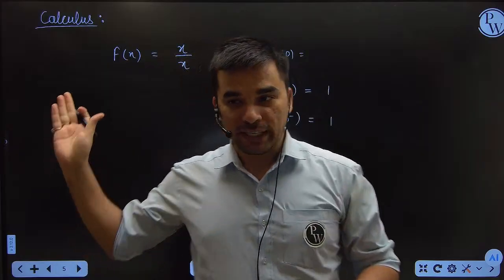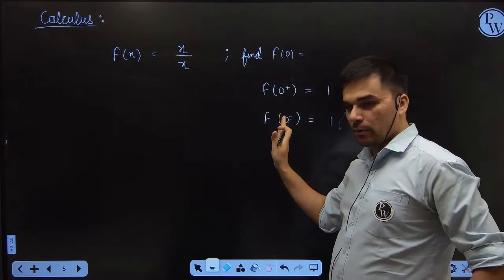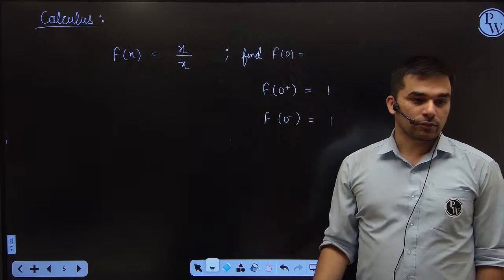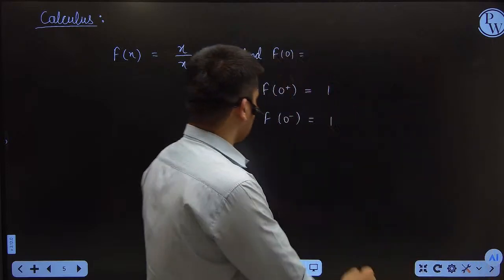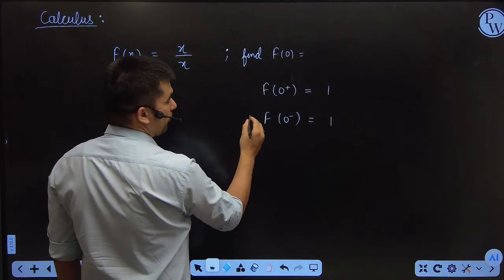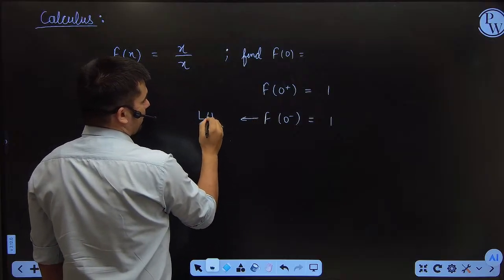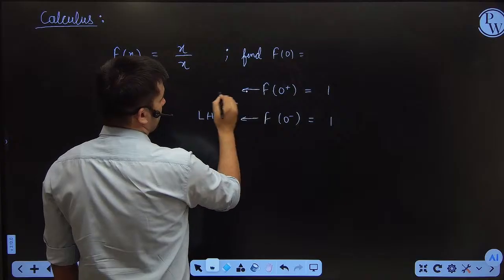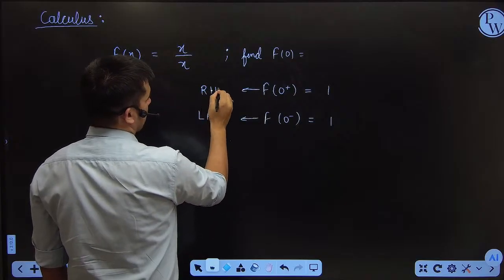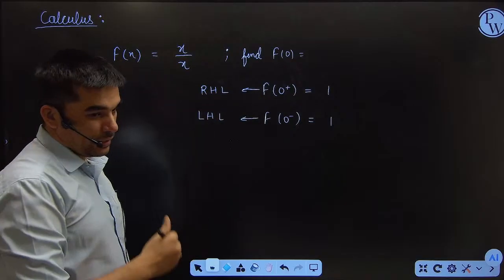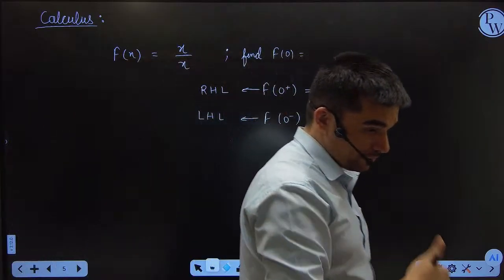So 0 minus will be called left hand limit, and 0 plus will be called right hand limit. Approaching towards 0 from left side and right side. Let us write this as left hand limit LHL. This is RHL. Take down these notations.